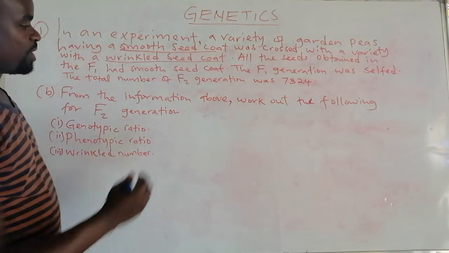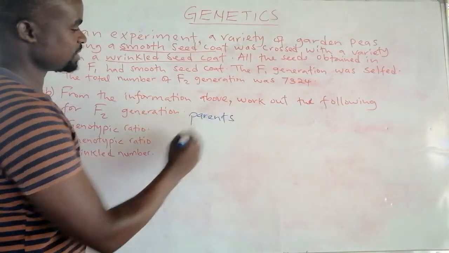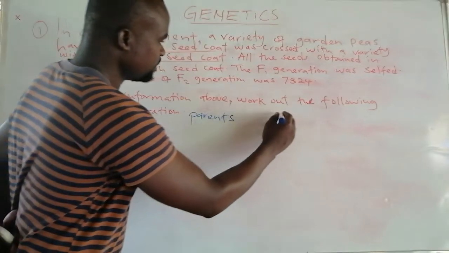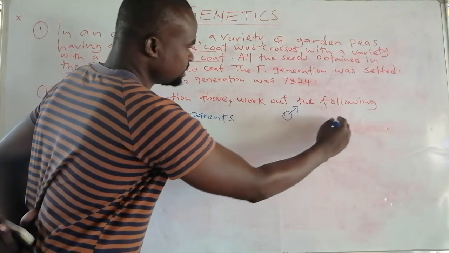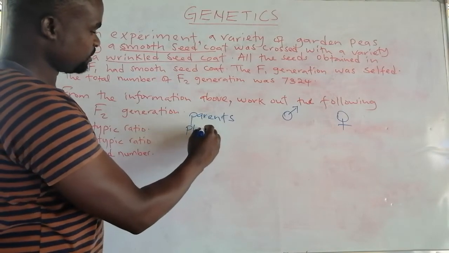That means we are going to start with the parents. We are going to follow the same steps that we had in F1 generation. We have that. Then we go to the parental phenotypes.